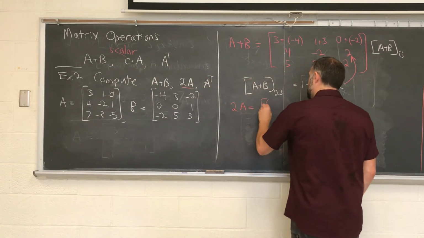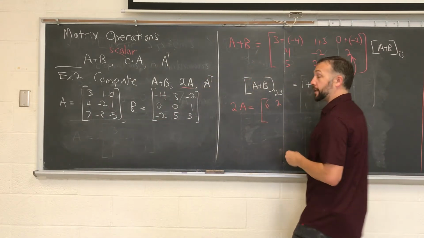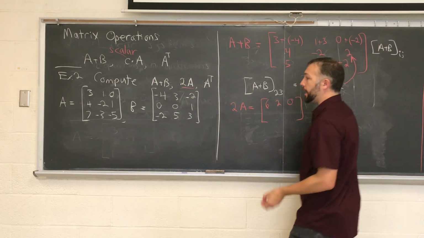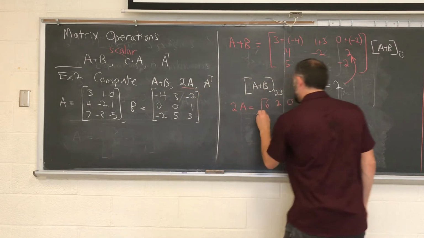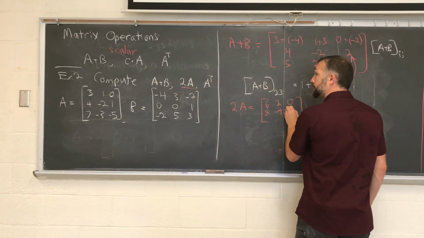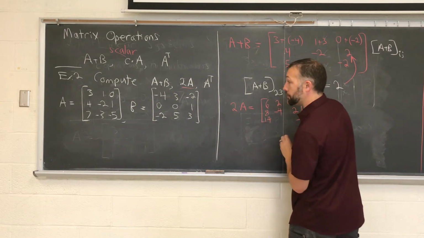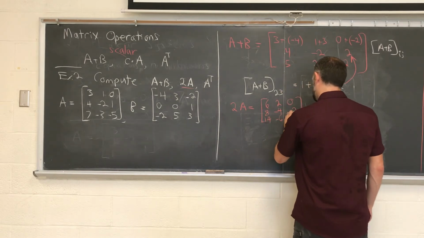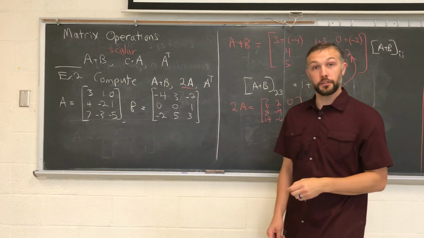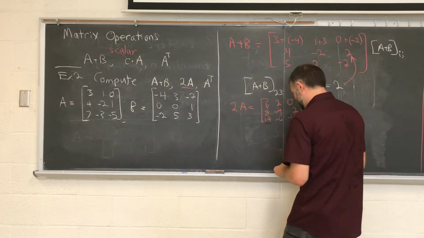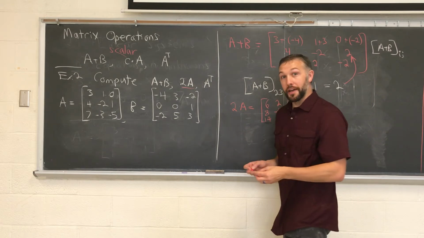So I'm going to have 6, 2, 2 times 0, it's 0. And likewise, just going onward, doubling each of these numbers in this case. And let's see if I can do this without forgetting how to do arithmetic. I think I've succeeded. Looks okay. Let's hope it does. We'll find out if I get any feedback.